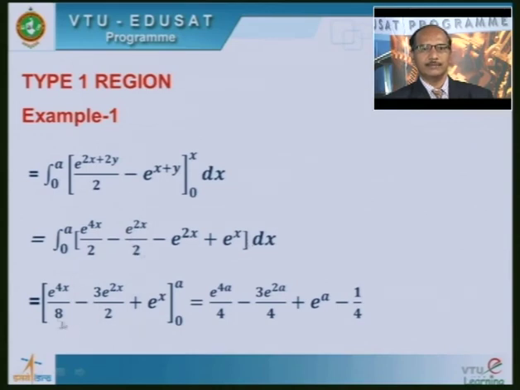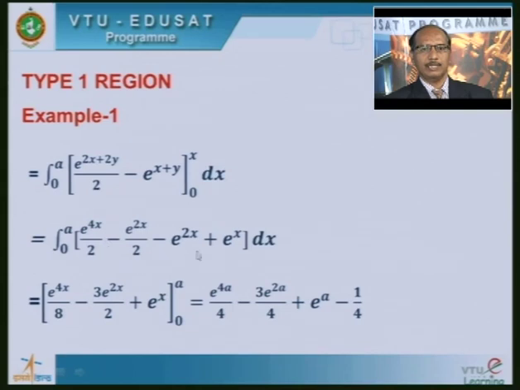Now, integrating e raised to 4x by 2, after the integration, e raised to 4x by 4 into 2, 8. Here it is e raised to 4x by 2, its integration is e raised to 4x by 8.